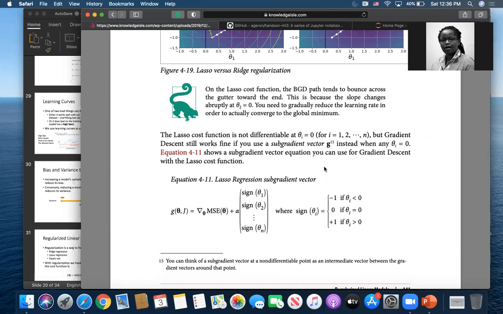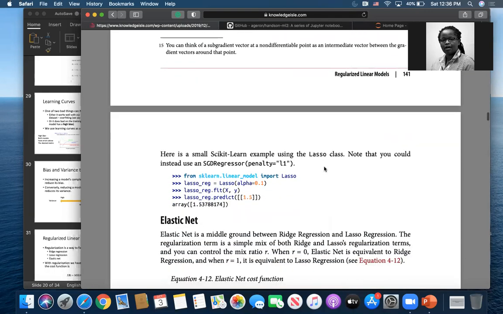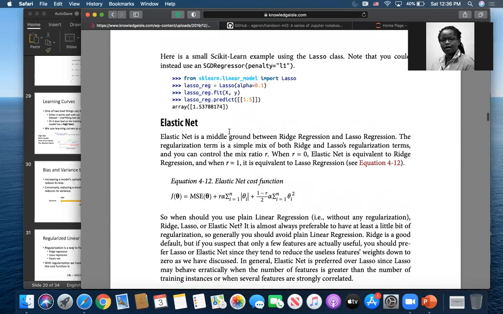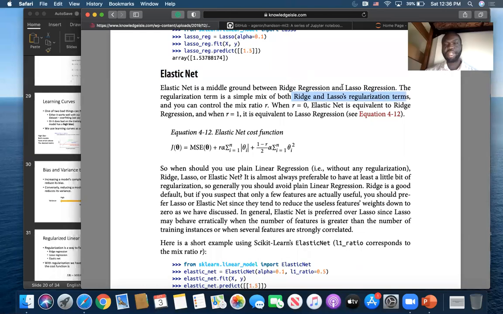Okay. And then he talks about the last one, elastic net, which is sort of like the bridge between the two of them, between lasso and ridge. Lasso is somewhat mean.